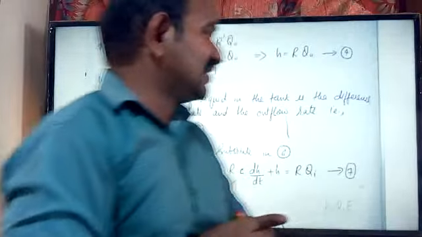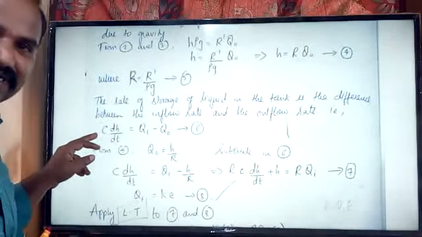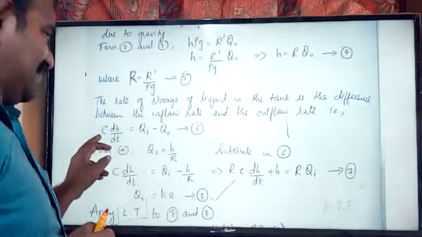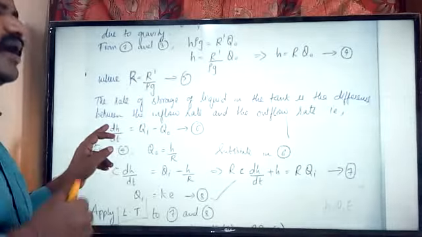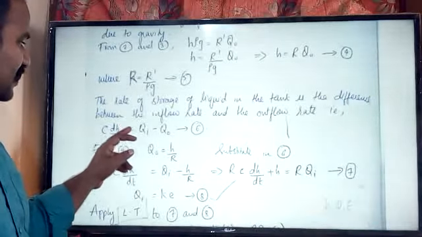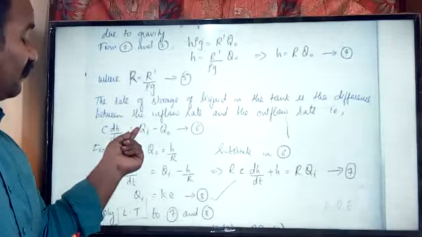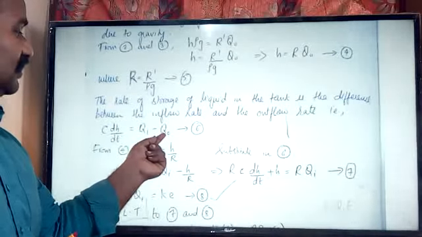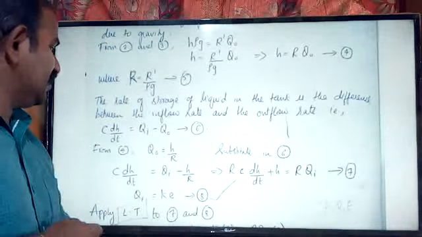That can be written as an equation, where C is the capacity of the tank, multiplied by the change in the head of the liquid, equal to the difference between the inflowing liquid volume and the outflowing liquid volume.